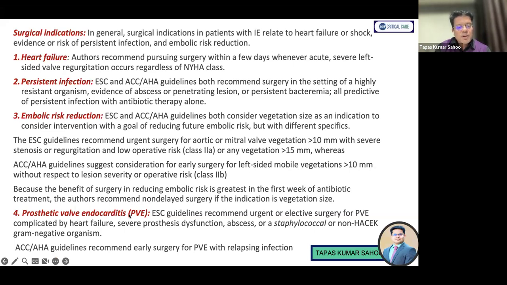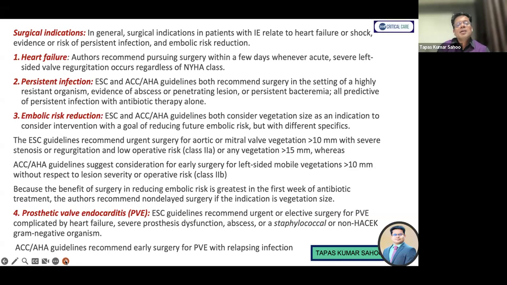Now, prosthetic valve endocarditis: the European Society of Cardiology recommends urgent or elective surgery when you are getting heart failure, severe prosthesis dysfunction, abscess, or staphylococcal or non-HACEK gram-negative organism. So these are some of the indications. Just remember the headlines: heart failure, persistent infection, high risk of embolism, and prosthetic valve endocarditis.